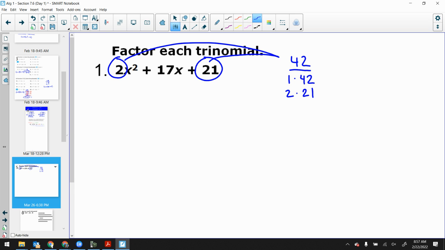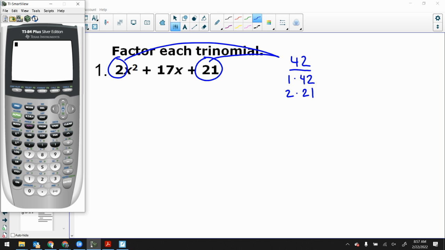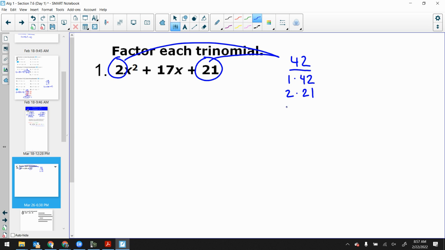Does that work? Nope. Does 3 divide 42? Let's check. 42 divided by 3 is 14. Not 12. 3 times 14. Does that work? Yes. Now here's the deal.